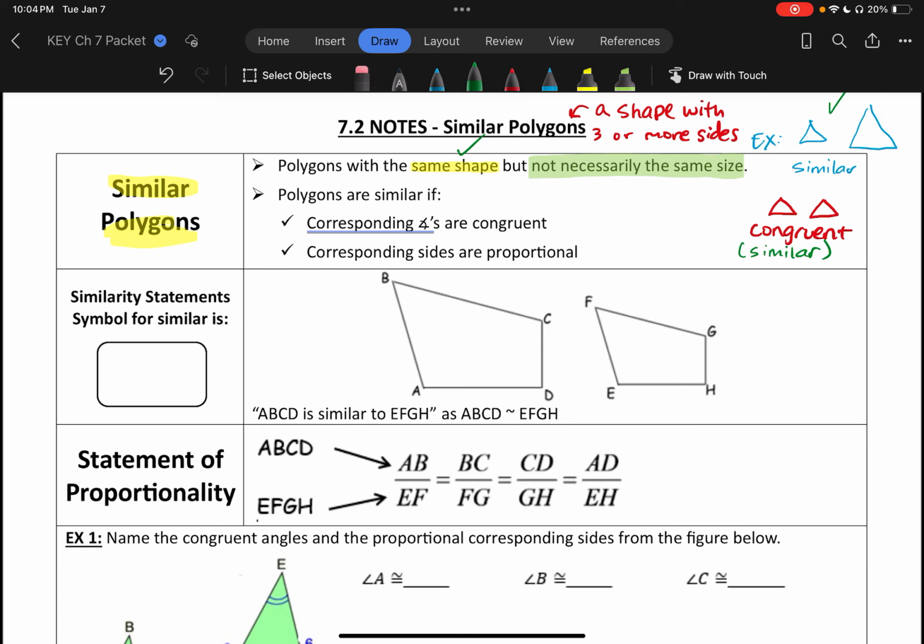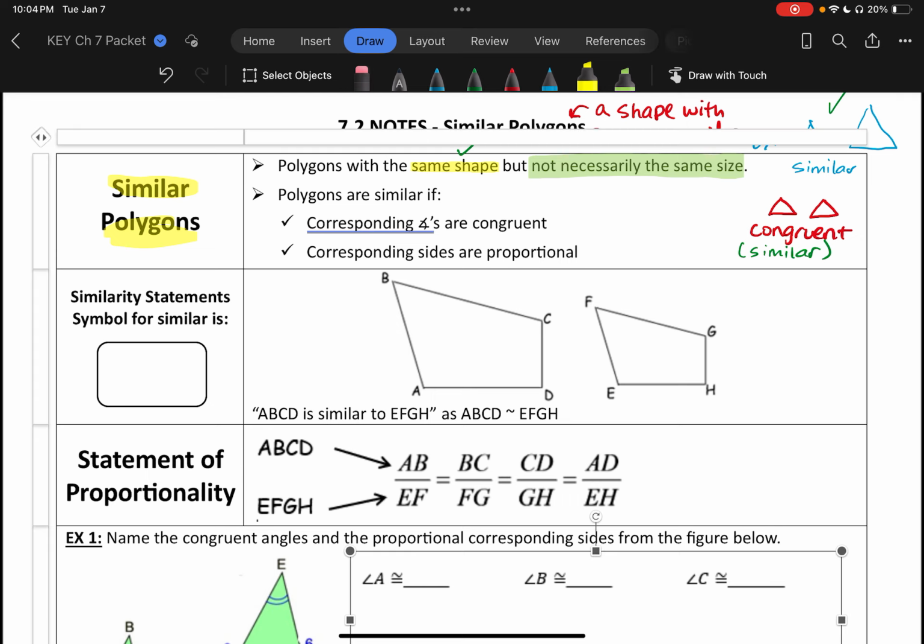So the key focus that I want you to take away from this section of the notes is the following. For polygons to be similar, these two things have to be true. Corresponding angles have to be congruent, and corresponding sides have to be proportional. As we look at this, let's review some of the vocabulary. The word congruent, when we're talking about angles, basically just means that they're going to have to be equal, right?